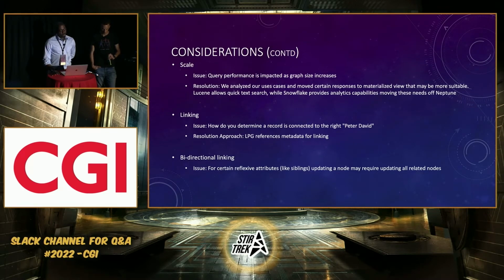There's a lot in here about how we resolve this, but this is one of the reasons we ended up with an LPG instance, because internally we're able to keep metadata about each of these individuals, and that metadata is what we use to do the linking, with certainty that this work was created by this individual with this very specific VIAF ID, and that VIAF ID is the same VIAF ID that has the same-as relationship with Peter David, and so, by extension, Peter David actually created that work.